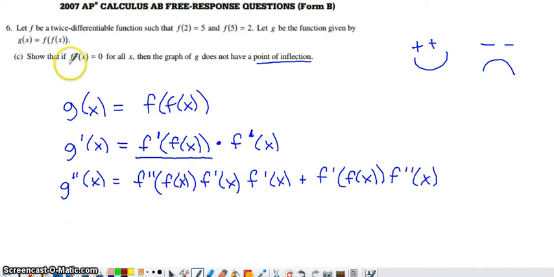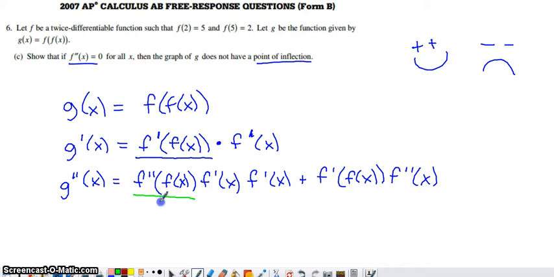This doesn't look very nice at all, but we have something pretty useful for us to do what we're actually asked to do. We're told that f double prime of x is equal to 0 no matter the value of x. So you really have these two terms added together. If you look at the first term, it is a value of f double prime times f prime times f prime. No matter what ends up here, no matter what the value of f of x is, we know f double prime is equal to 0 for any x.